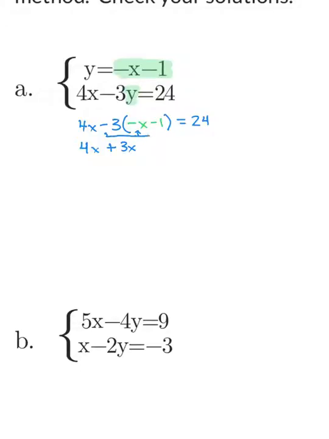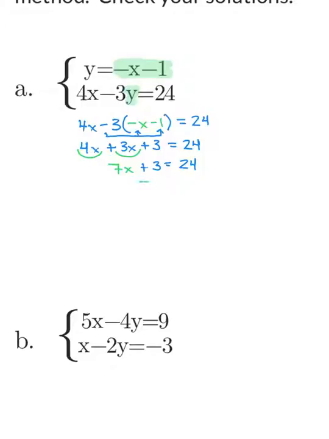And we get negative 3 times negative 1 is plus 3. We have that is equal to 24. We want to continue solving using the techniques that we learned in Chapter 2. So we're going to combine our like terms. We have 4x and 3x is 7x plus 3 equals 24.